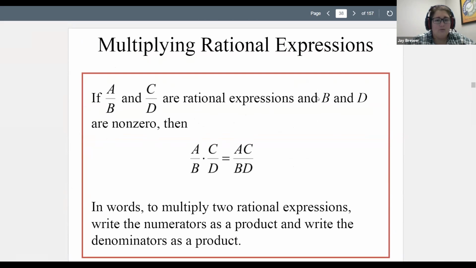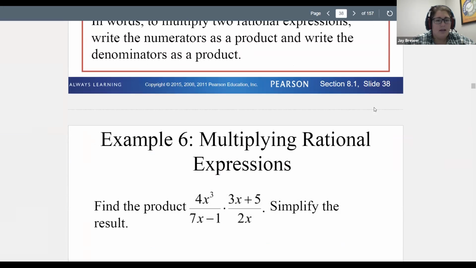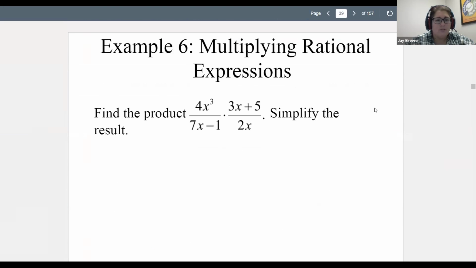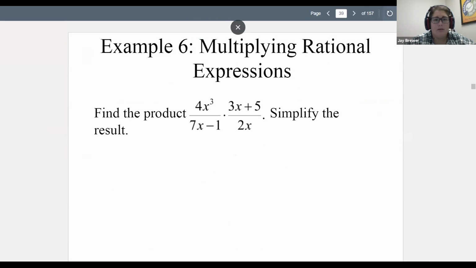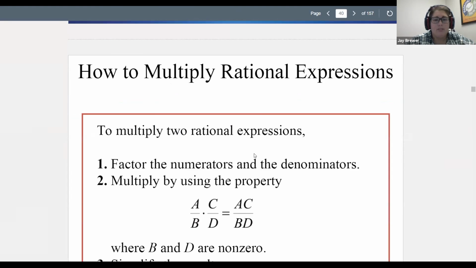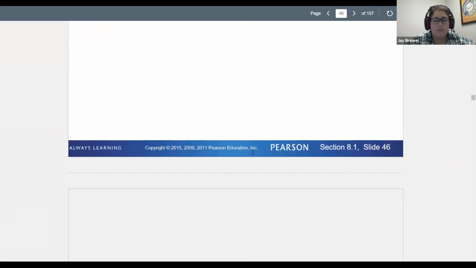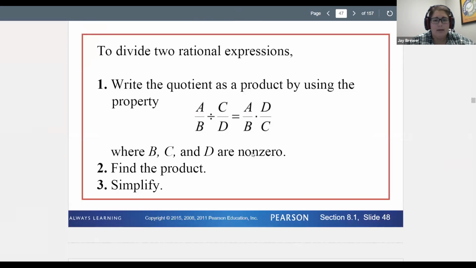Okay, so we're going to talk about rational expressions, and something I want you guys to keep in mind. I think we can go back to the whiteboard for a moment, but before I do that, let me have you write this slide down. We're going to go back through these problems.